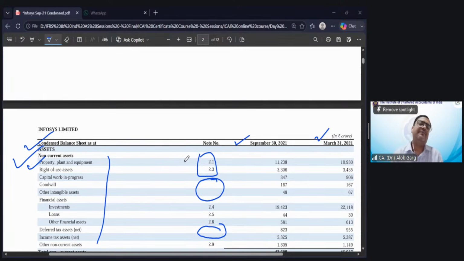So let me tell you how it happens. First of all, you make a journal entry, then you get a ledger, then the numbers flow into the trial balance. When you are passing entries, when you are doing accounting, it has to be in the full rupee number. So your trial balance comes in the full rupee number.